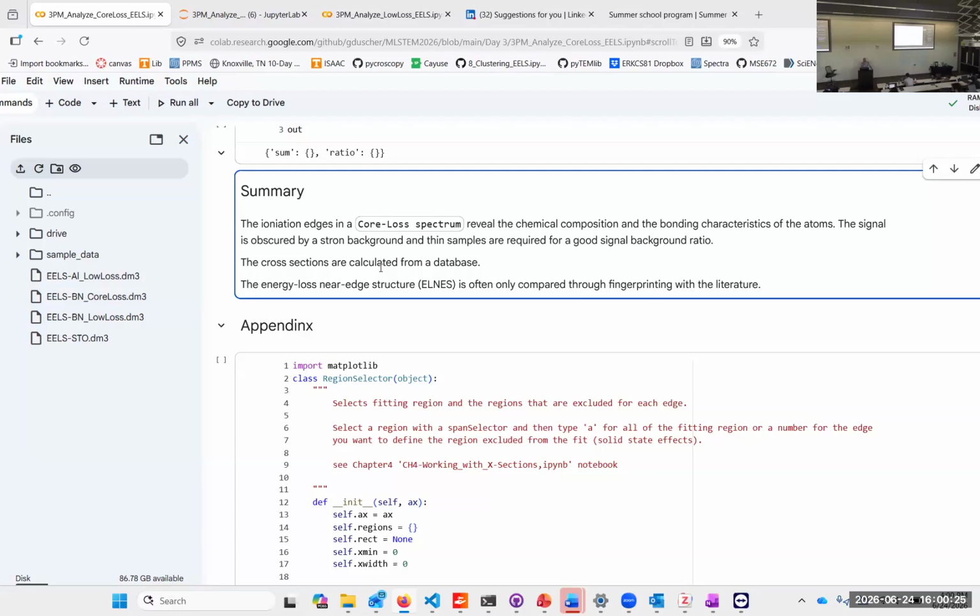And the lambda, I would strongly encourage you not to use the inelastic mean-free path from the literature. They're all estimated and calculated for rather small angles, and we use rather large angles nowadays.